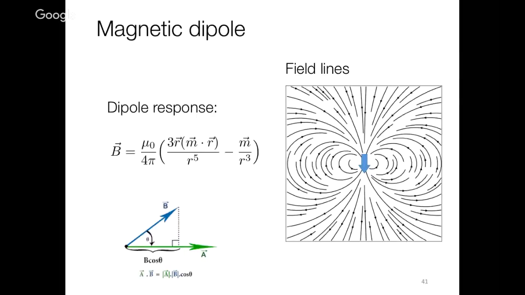The result is the amplitude of A times the amplitude of B times cos theta, where theta is the angle between these guys.